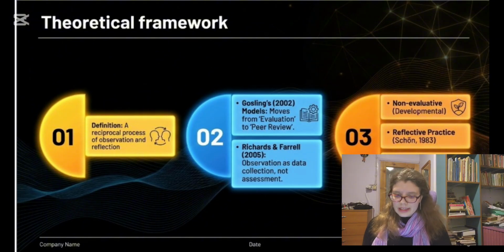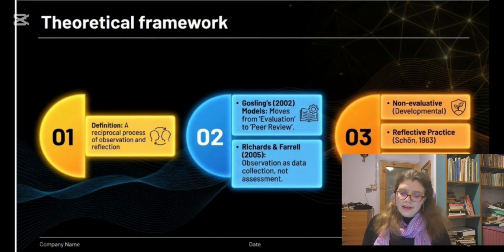The focus is on teachers working together, identifying weak spots, and deciding together how they might solve those problems that arise in the classroom. When we look at the key terms, we see that non-evaluative is a keyword. As I mentioned earlier, the goal is not evaluation of performance, but professional development.